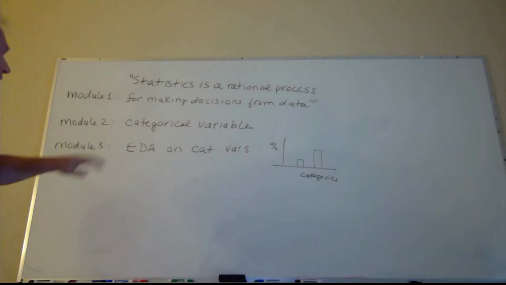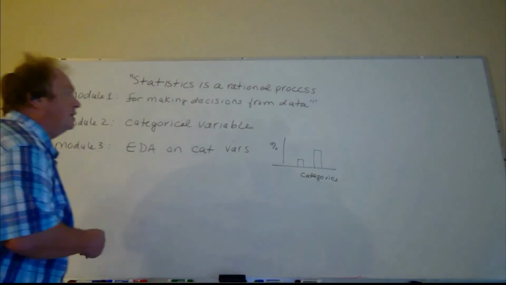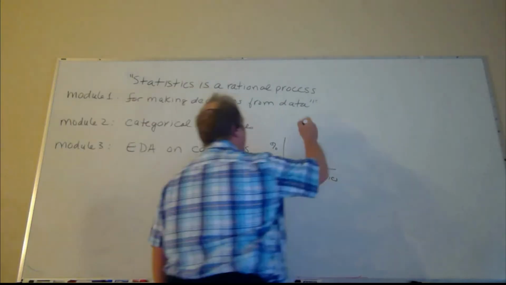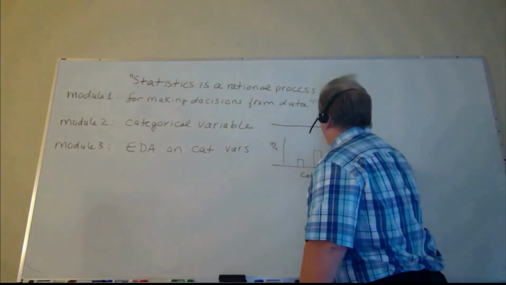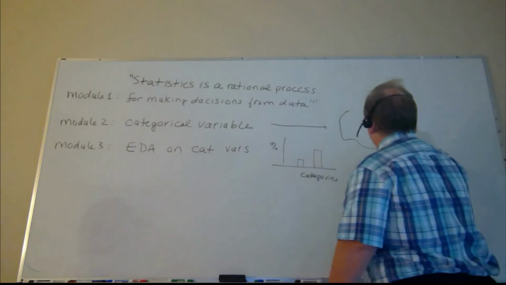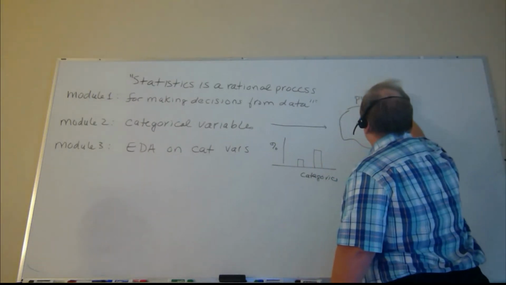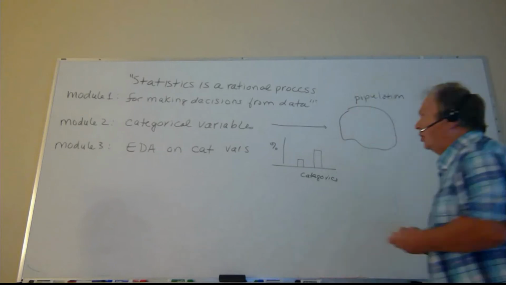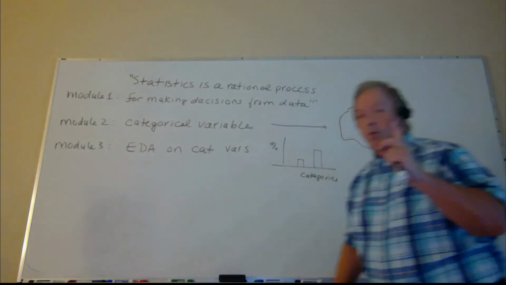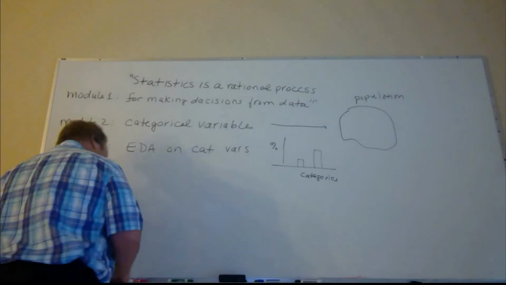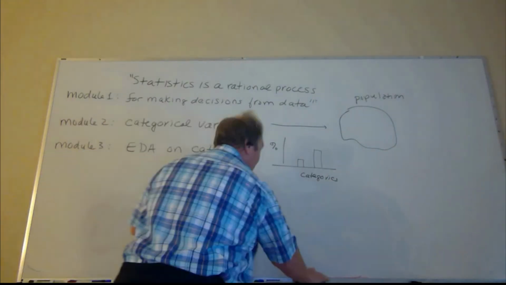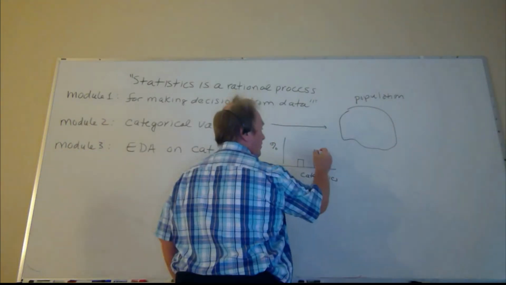If we think about what we learned in Module 2, when we were thinking about a categorical variable, we were thinking about some population. We were generally thinking about one category of interest. Maybe this would be our category of interest.